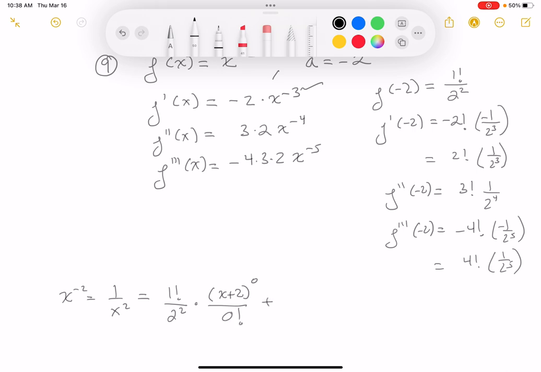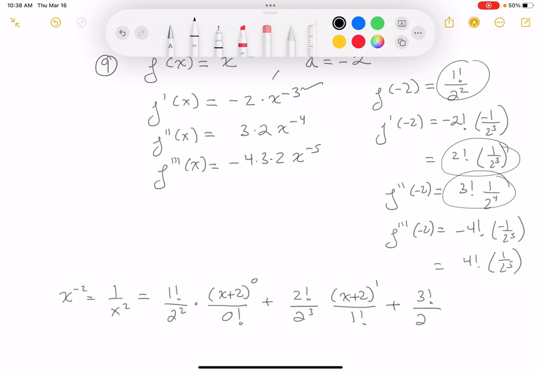Let's put the next term down, plus 2 factorial over 2 cubed, x plus 2 to the 1st power over 1 factorial. Put the next one down, which is 3 factorial over 2 to the 4 times x plus 2 squared over 2 factorial, right?